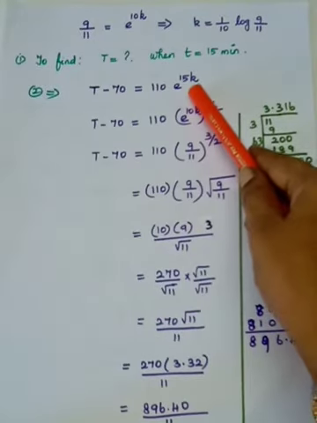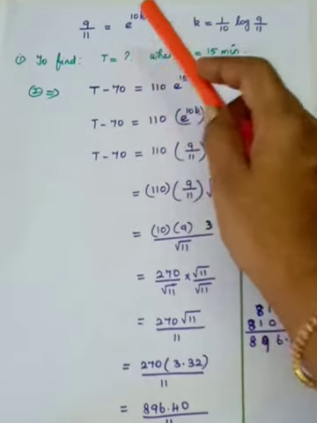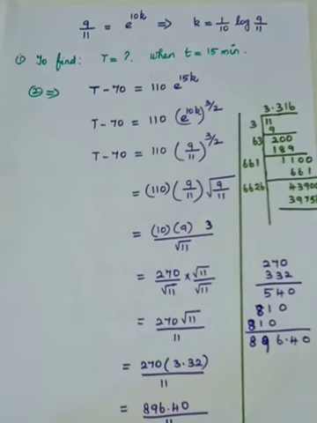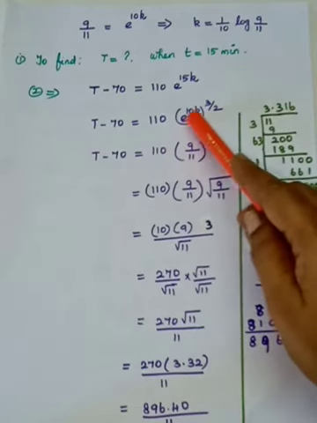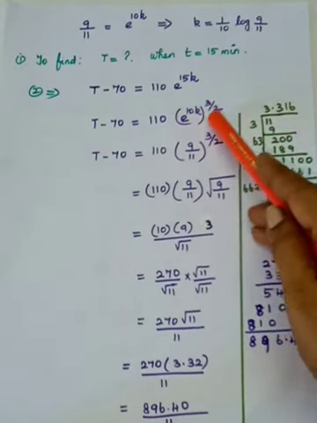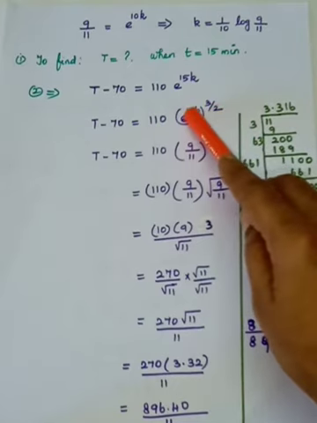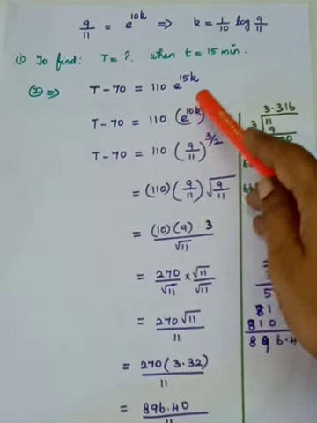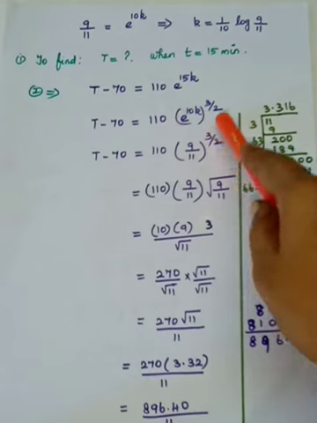So I have written here. But already in the previous step we have found e power 10k. So we have to use e power 10k to write 15k. So e power 10k to the power 3 by 2. So if you multiply 10k into 3 is 30k. 30k divided by 2, what is it? 15k.